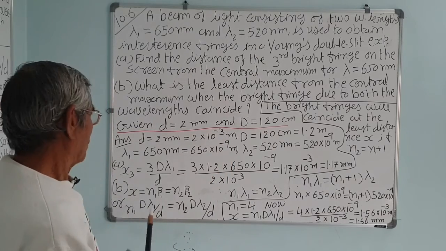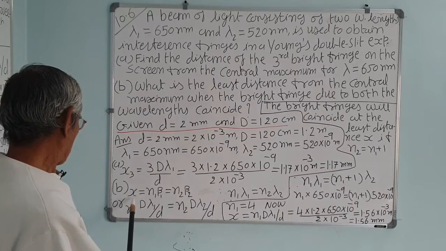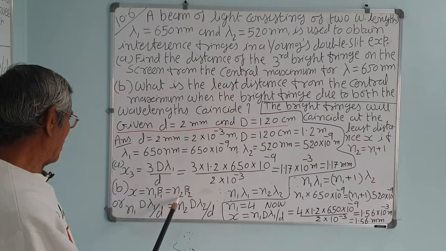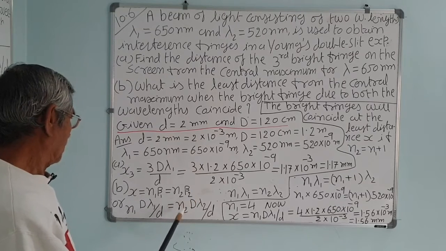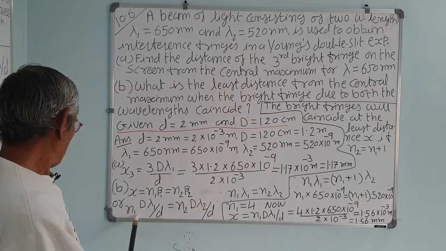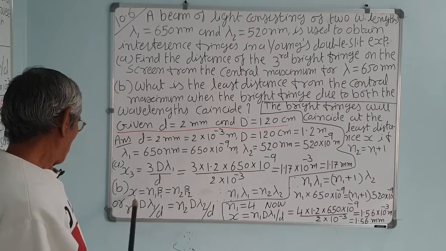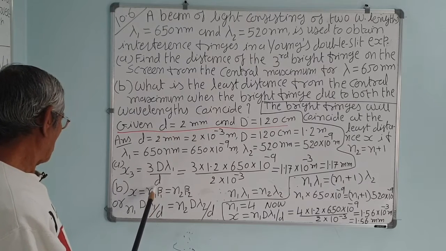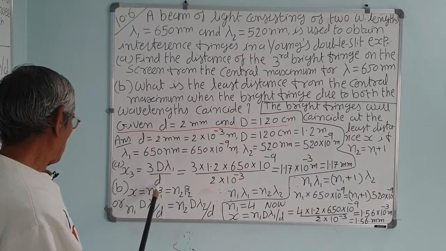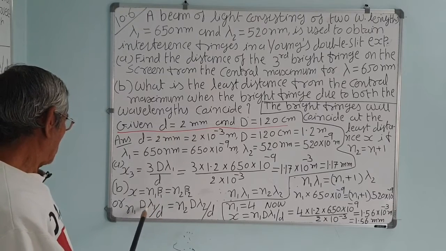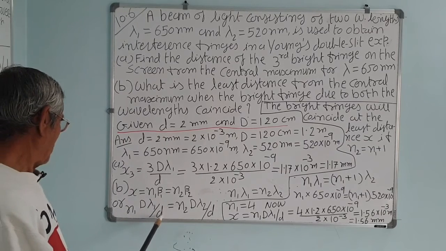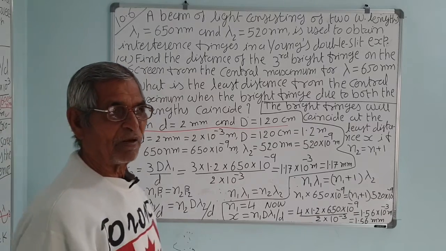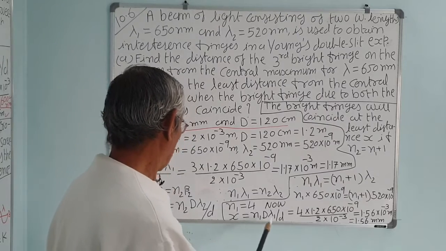Correct? So if x is the distance, then x is equal to n1 beta 1, where beta is the fringe width, is equal to n2 beta 2. Correct? So n1 D lambda 1 upon small d, this is the fringe width for lambda 1, is equal to n2 into capital D lambda 2 upon small d.